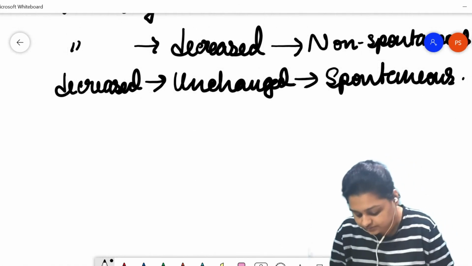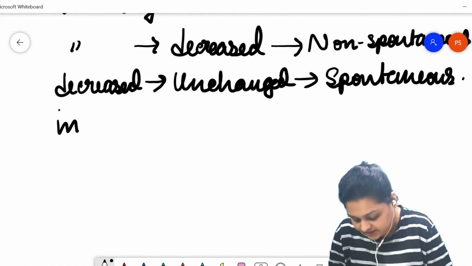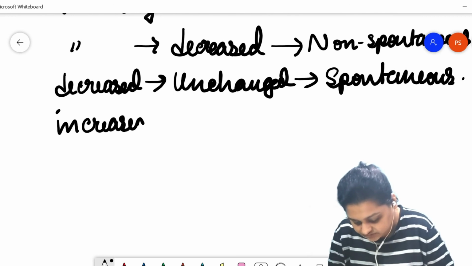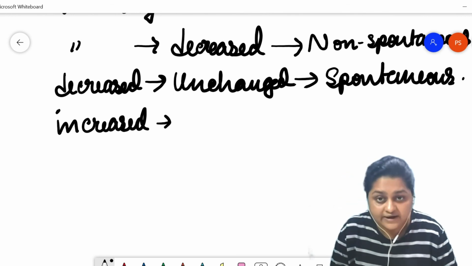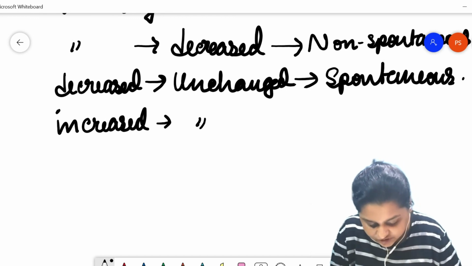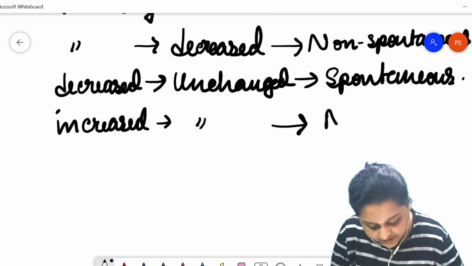Let's take the fourth case, in which delta H value has increased, randomness of the process is unchanged. By combining that, we will find a non-spontaneous process.